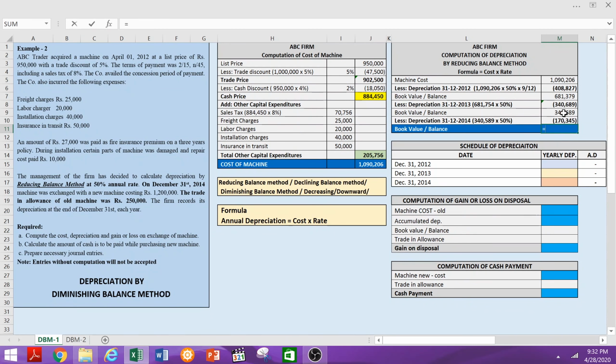Now again we can calculate the balance or the book value. So after each year the book value is calculated. After the first year's calculation of depreciation, once we move to the second year, how can we calculate depreciation for the second year?